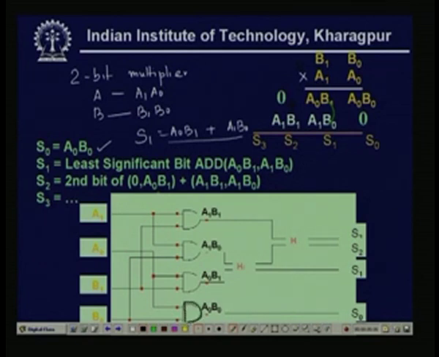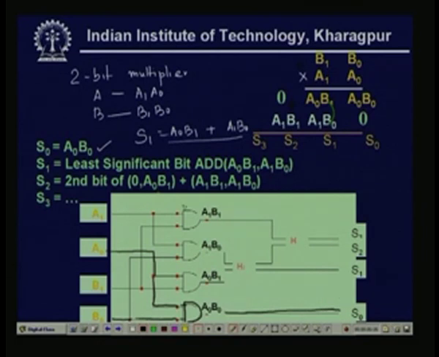So, this is my AND gate, and A0 is one input and B0 is one input. So, A0 B0 is S0.